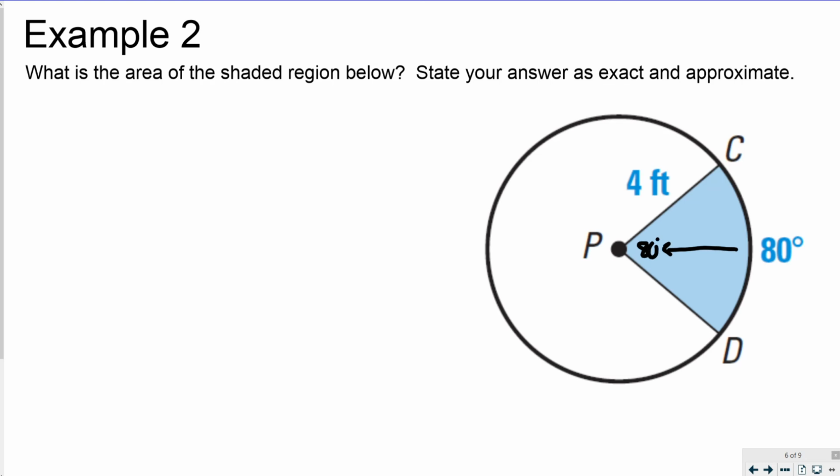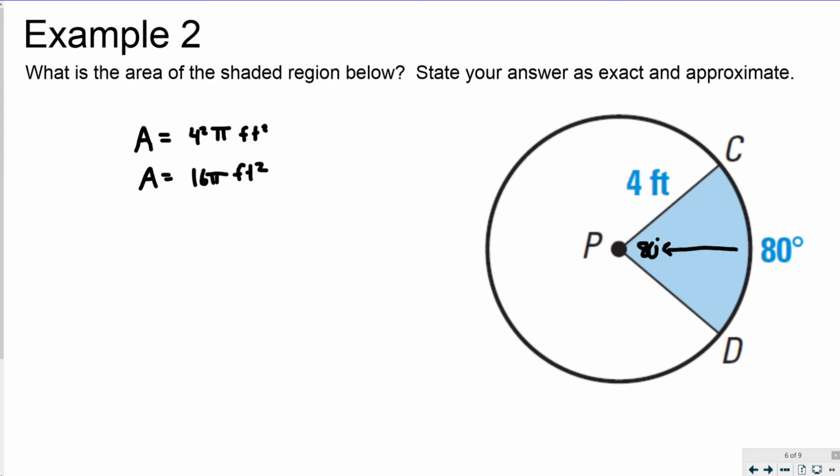So then what I am going to do is calculate the area first, like I did last time. The area of the entire circle is 4 squared pi feet squared, because they actually do give me a unit here. I need to use their unit. So then the area is equal to 16 pi feet squared.